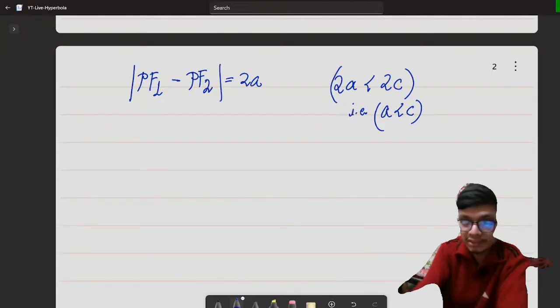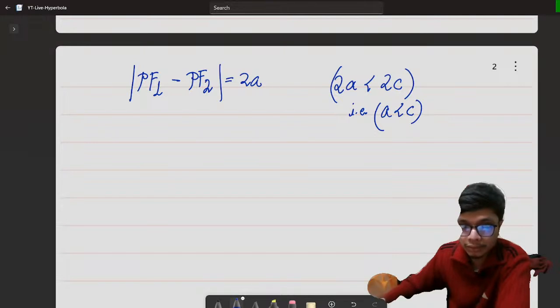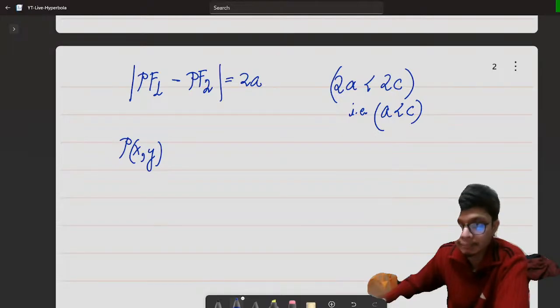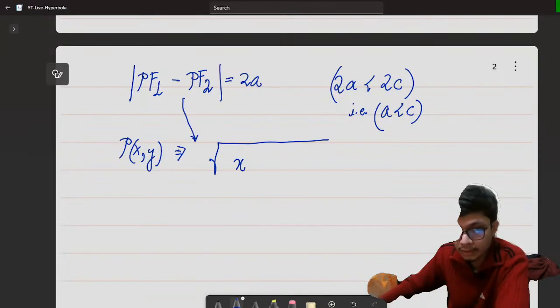Having this definition of the hyperbola, I can consider this point P as some variable point x comma y for which I am going to find the locus. Applying this condition, it is the distances of x comma y from the first point, c comma 0, and the other point, minus c comma 0.